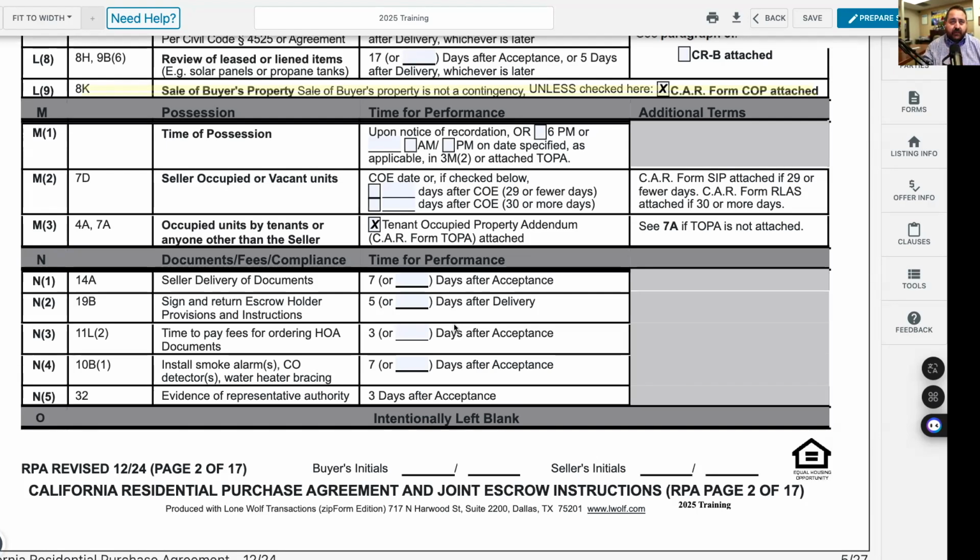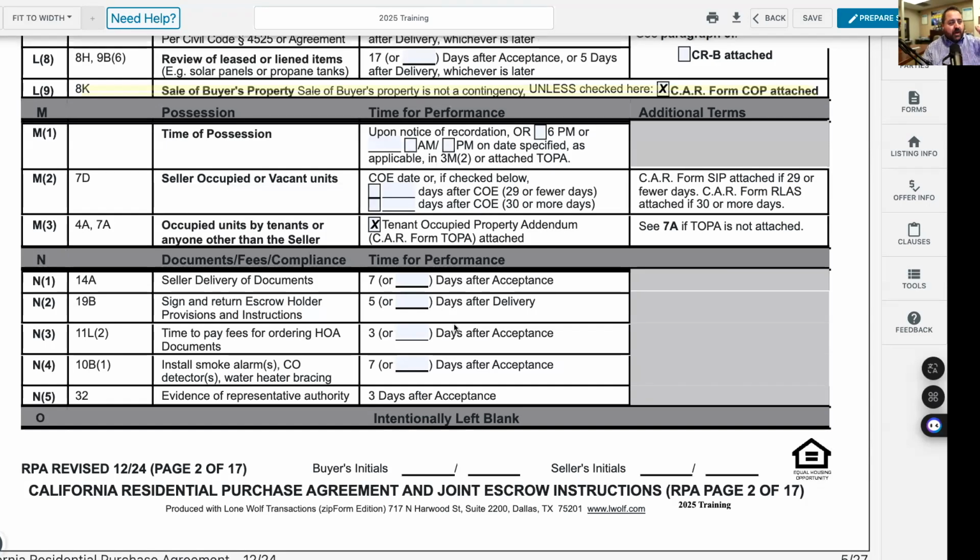Both parties have to sign and return their escrow instructions within 5 days of receipt of those escrow instructions, which again creates an opportunity for a notice to perform. If the seller hasn't signed and returned, or the buyer hasn't, that gives us the opportunity to send them a notice to perform, in effect giving them a push to perform those contractual obligations.